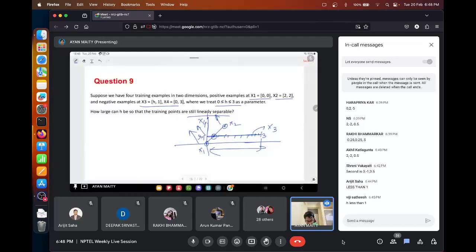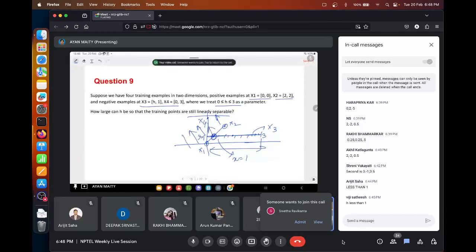If it takes a value more than this, then if x3 is here, x3 and x4 are not linearly separable from x1 and x2. And this point is h equals 1 here. So the value of h should be less than that, anywhere in this region.